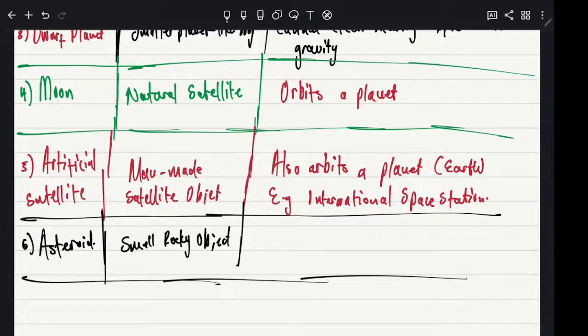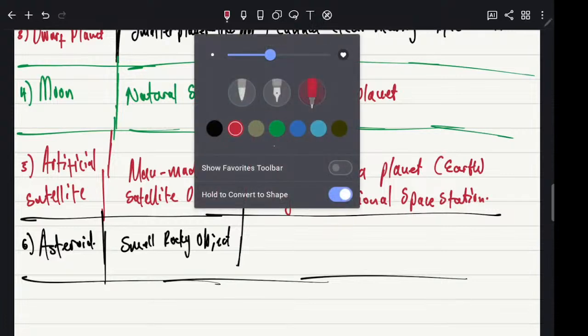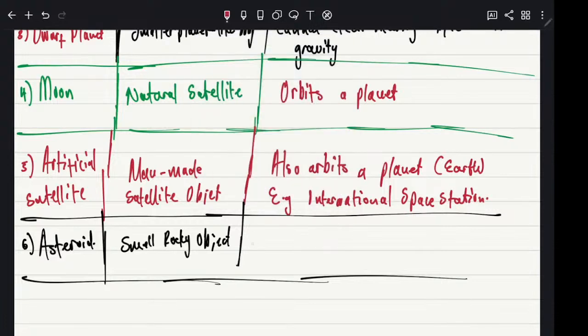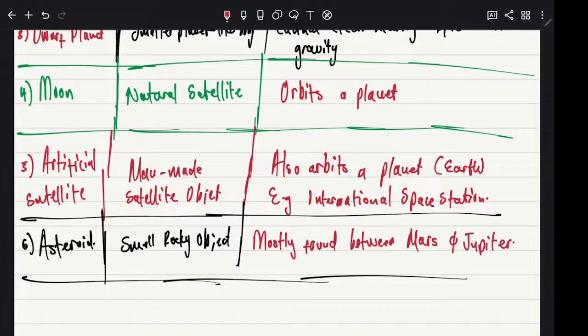Are you not afraid that asteroids can fall on us? Where are they found? They are found out there after Mars, mostly between, not between Earth and Mars, but between Mars and Jupiter.